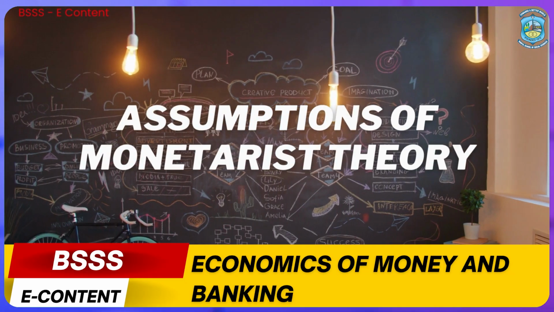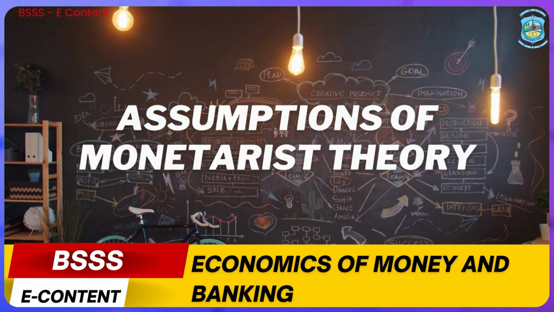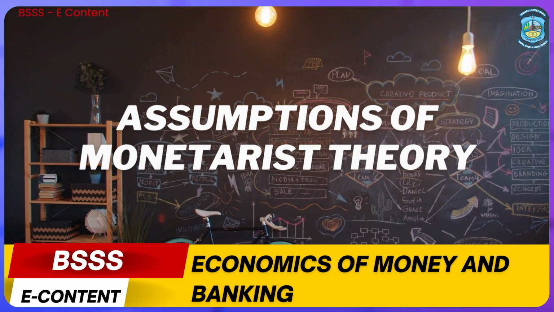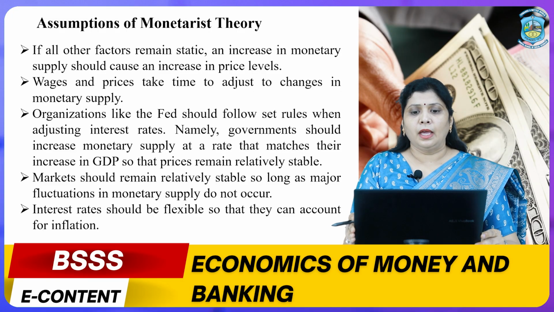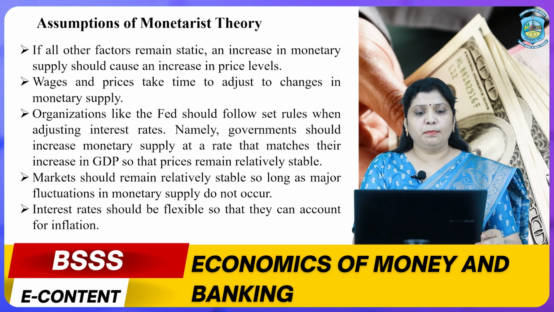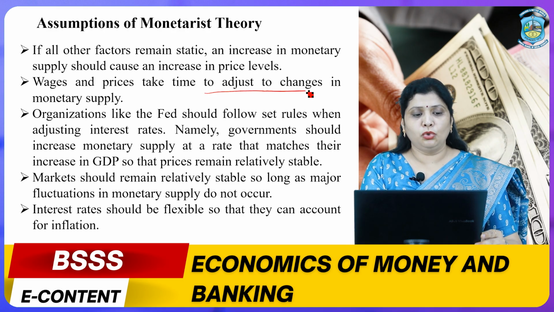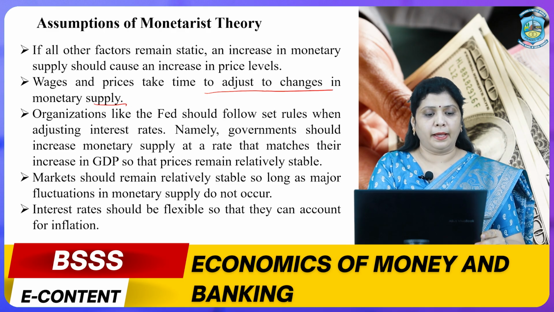Some assumptions of the monetarist theory. First, if all other factors remain static, an increase in money supply should cause an increase in the price level. Wages and prices take time to adjust to changes in money supply.